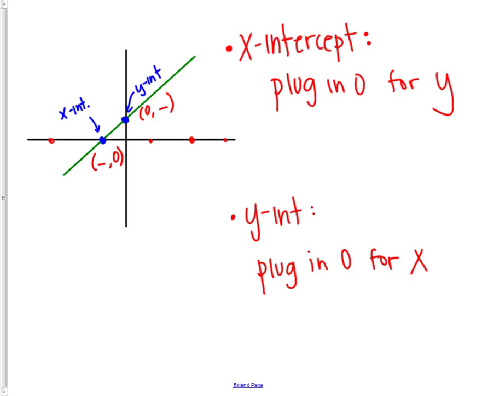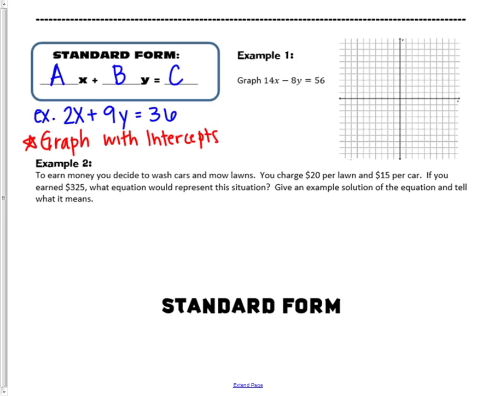So let's look back at our example where we were asked to graph. In order to graph it, we're going to find our two intercepts because any 2 points creates a line. So as long as we find the x-intercept and the y-intercept, that's 2 points, we have our line. So to find the x-intercept, remember we need to plug in 0 for y. So we're going to do 14x minus 8 times 0 equals 56.